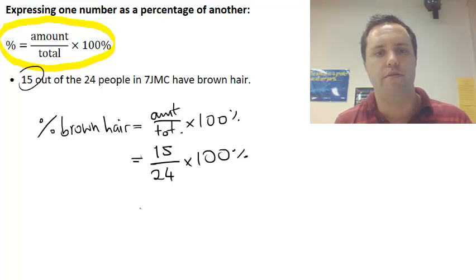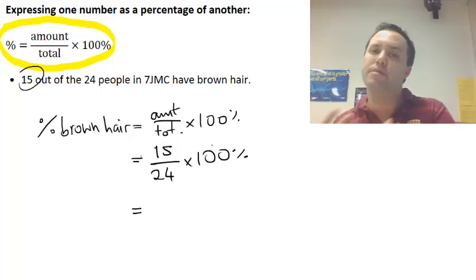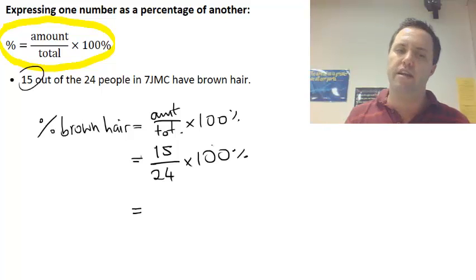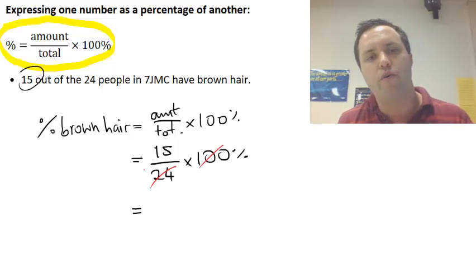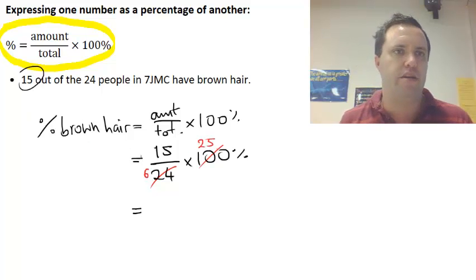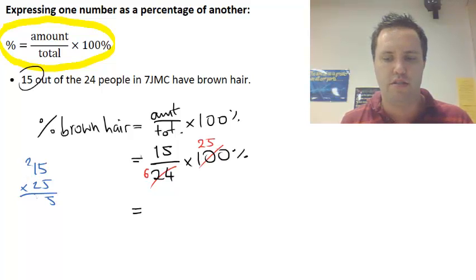Now we're just getting a fraction and turning it into a percentage, like we just looked at how to do in that last video. Both 24 and 100 are divisible by 4, so we've got a 6 on the bottom now, and this is 25. We do a little multiplication: 15 times 25. 5 fives are 25, 5 ones are 5 plus 2 is 7.